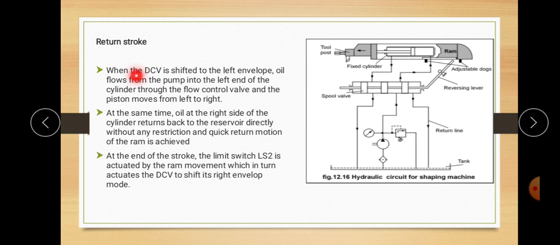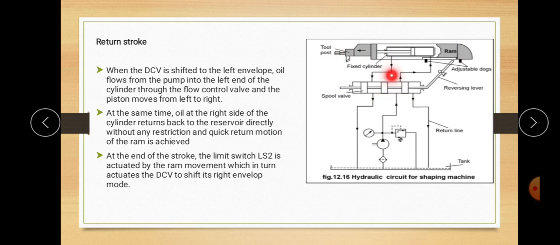In the return stroke, when the DC valve is shifted to the left envelope, the oil flows from the pump into the left end of the cylinder through the flow control valve and the piston moves left to right. This is called the return stroke.